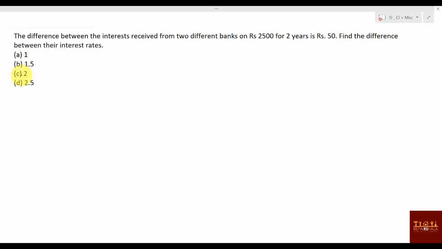The difference between interest received from two different banks on rupees 2500 for 2 years is 50 rupees. They are asking about the difference of bank interest. So the difference in terms of percentage is 50 divided by 2500. You can say 10% value is 250 and 1% value is 25, so this value is approximately 2%, right? 2% for 2 years.